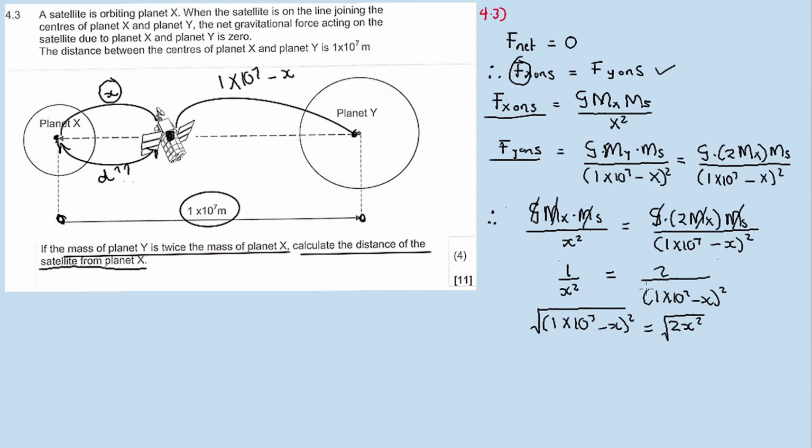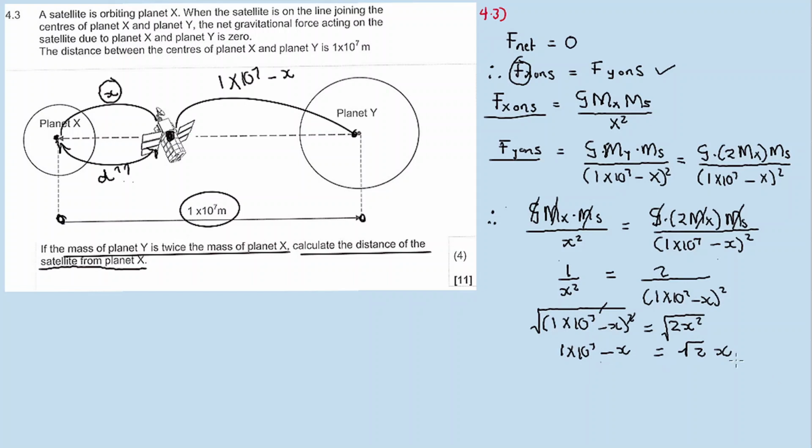So that's why I square root both sides. I only need one solution. So look, the square root cancels this squared, and the square root of 2x squared is equal to square root 2 times x. Therefore, on this side, we are left with 1 times 10 exponent 7 minus x. Voila.